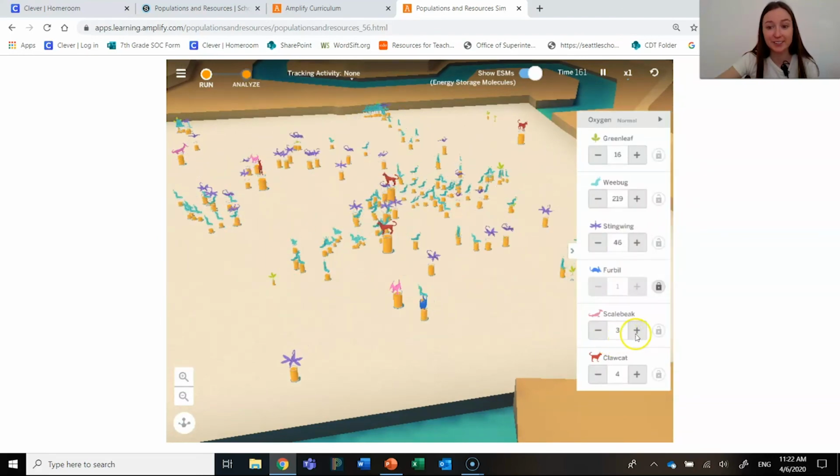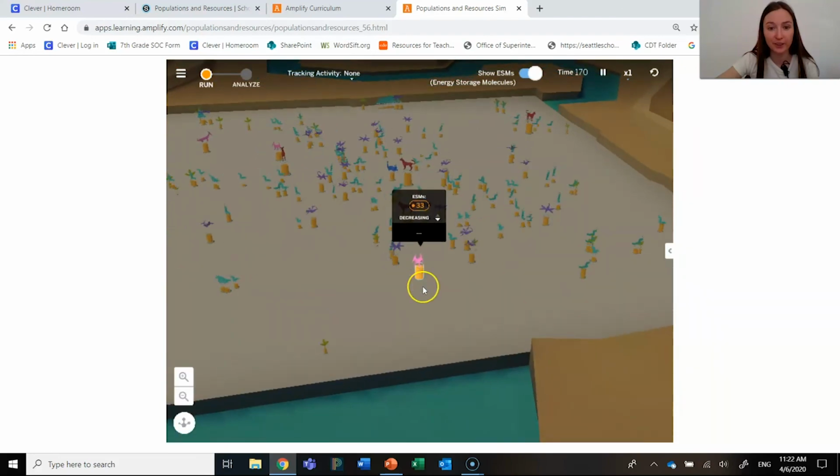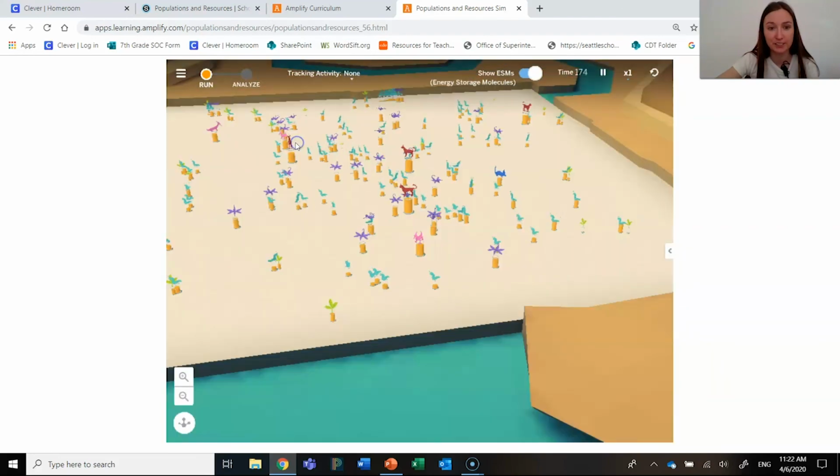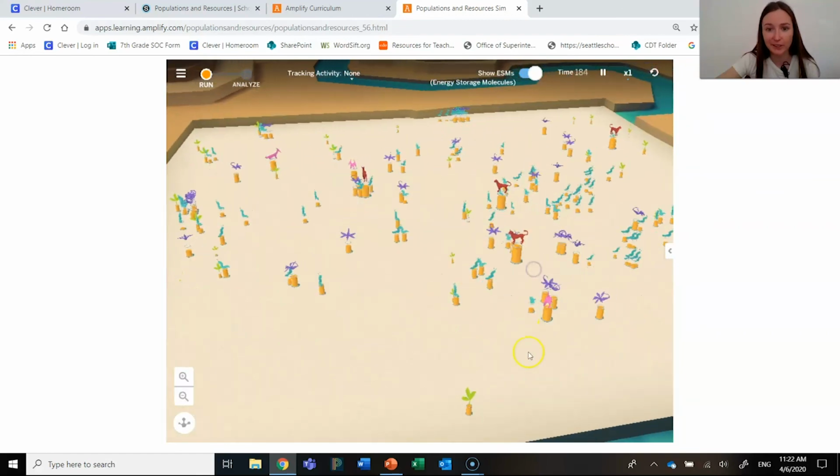It does look like our scale beaks are almost all gone though, which is going to be really interesting to see. Let's take a look.